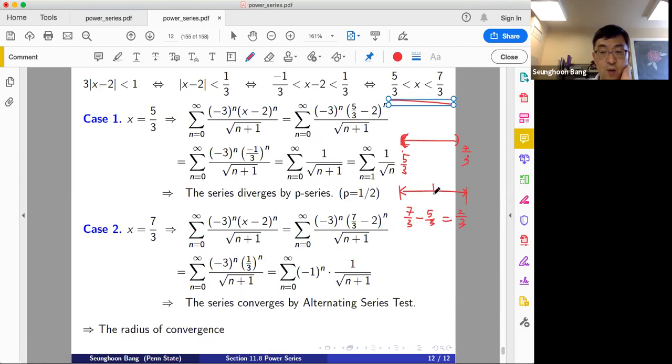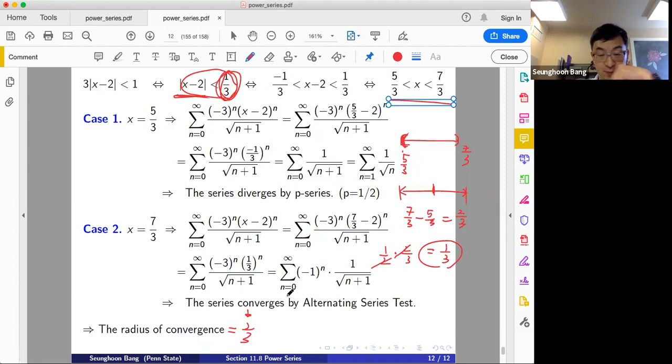So we find half of 2/3, which is 2/3 times 1/2, so the answer is 1/3. Another idea is from here: the absolute value of x minus the center is less than 1/3. This 1/3 is exactly the radius of convergence.